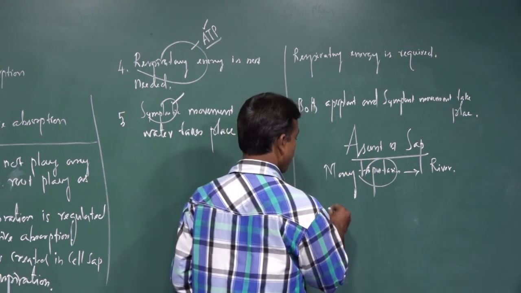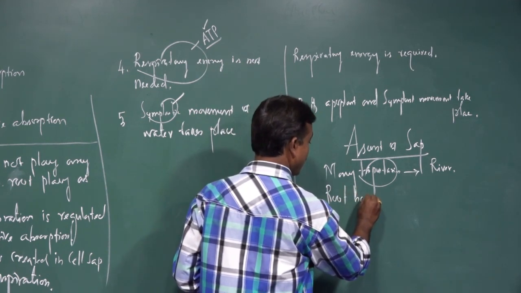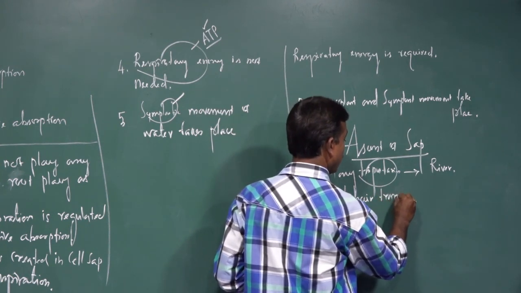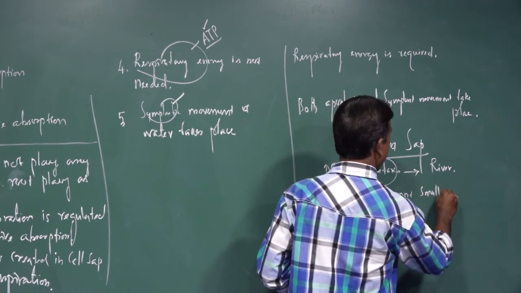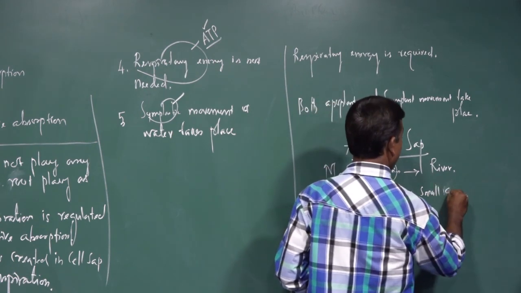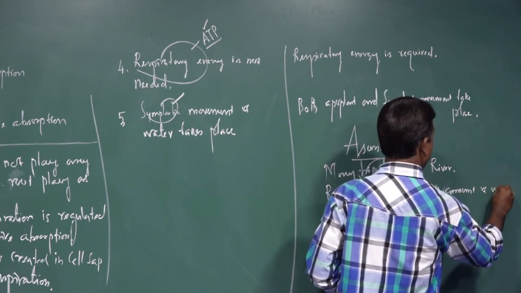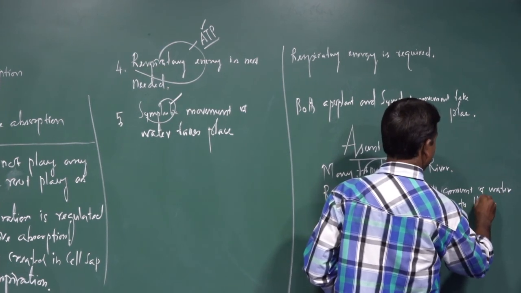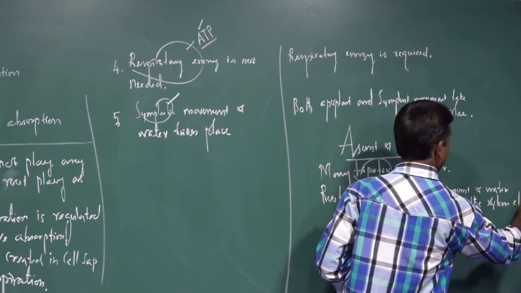Likewise, a lot of root hairs transport small amounts of water to the xylem elements.